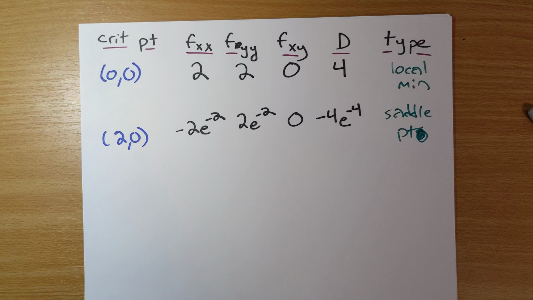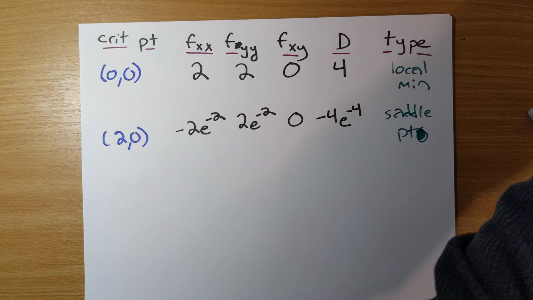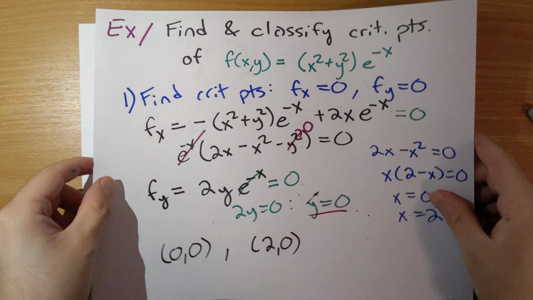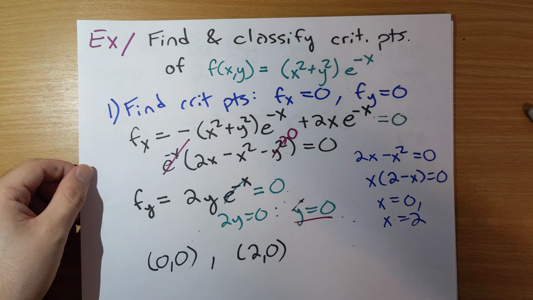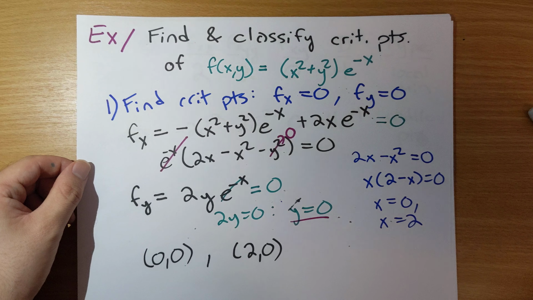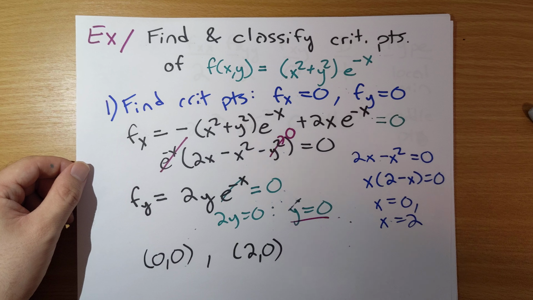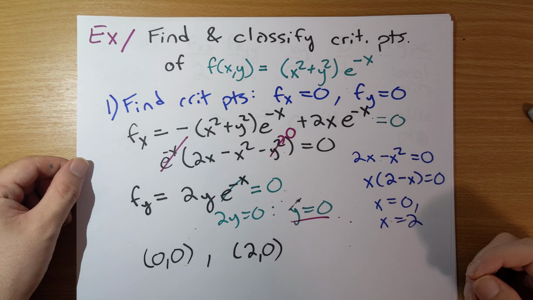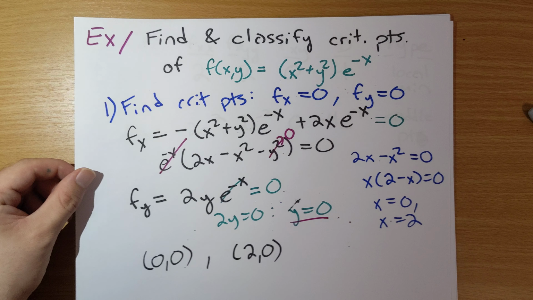Okay, so this is a fairly typical example here. So just to recap, this is the longest video, let's just recap what happened here. To find and classify critical points, we found the critical points by taking the respective partial derivatives, setting them equal to 0. We found 2 critical points.